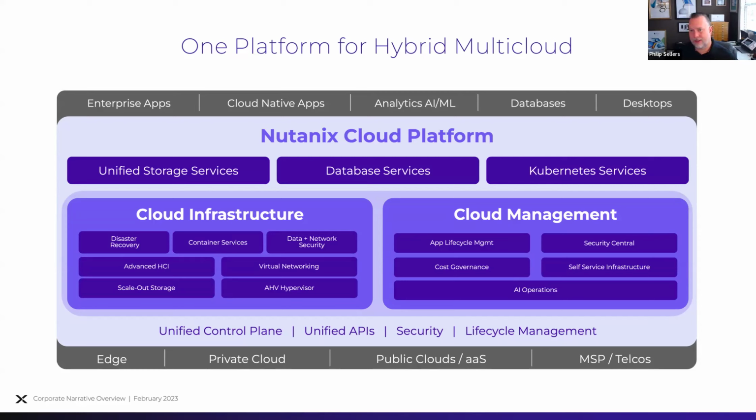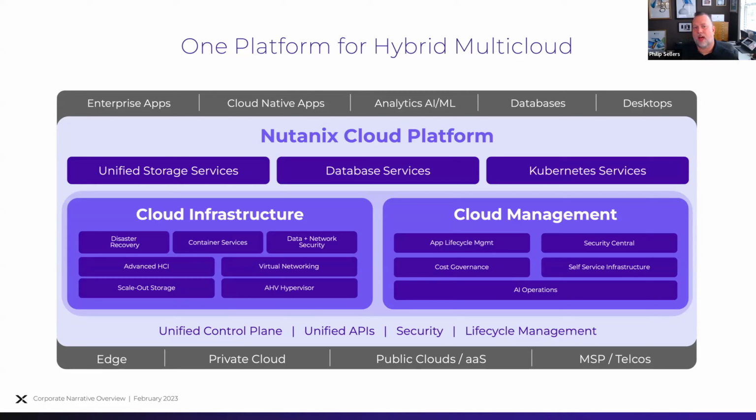One of the things I've been saying a lot lately is that there's differentiated value that VMware doesn't have in their platform that we find here in Nutanix. Database services, for instance. Database orchestration is not something you can buy as a product or a service to bolt on to VMware at this point.